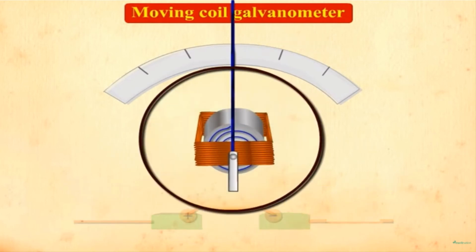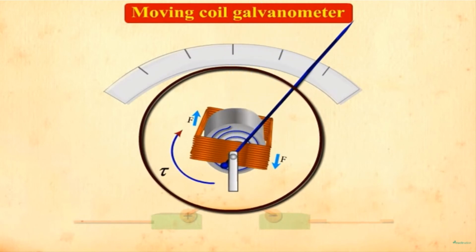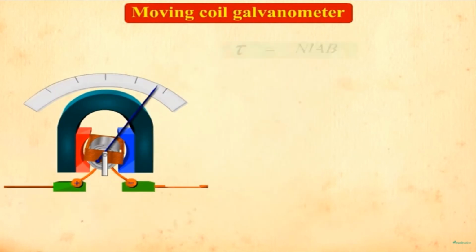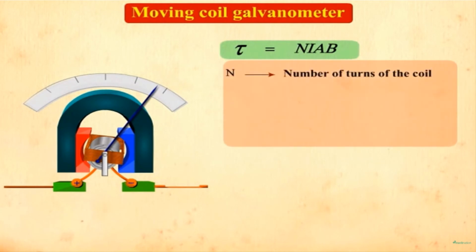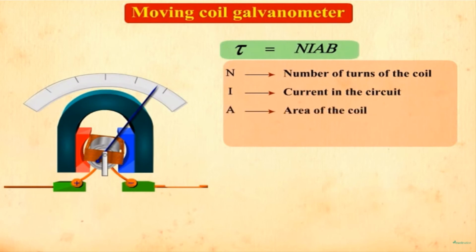On switching the circuit on, the current flows through the circuit. A torque acts on the coil due to the magnetic field, and that causes deflection in the spring and therefore the pointer. The torque is equal to NIAB, where N is the number of turns of the coil, I is the current in the circuit and thus the coil, A is the area of the coil, and B is the strength of the magnetic field.